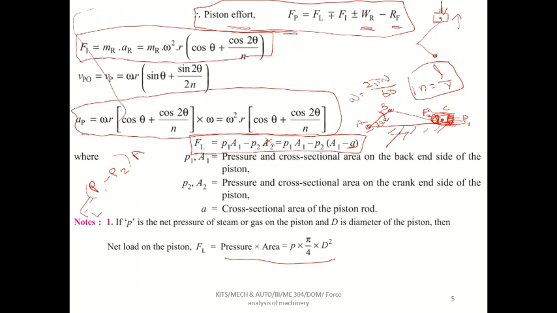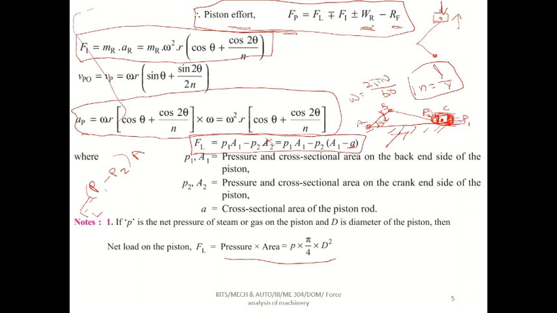So I'm telling you again. FP means piston effort, the final force acting on the piston. Piston effort equals FL minus or plus FI plus or minus Wr minus RF, where RF means frictional resistance.